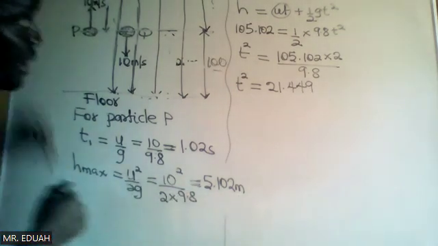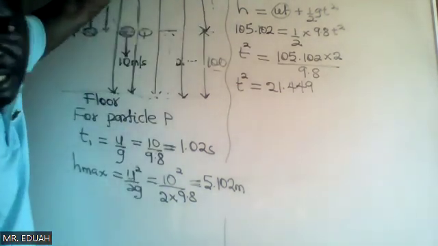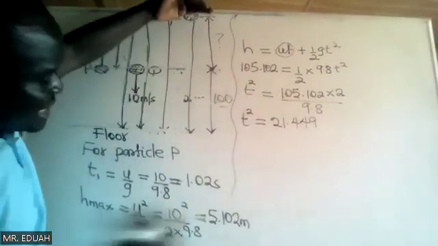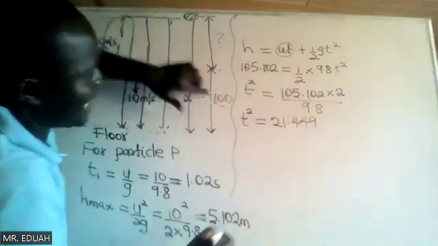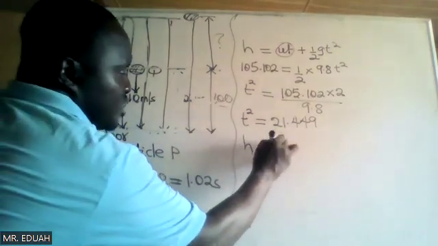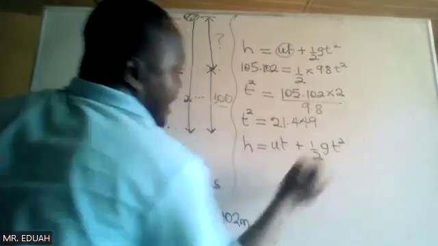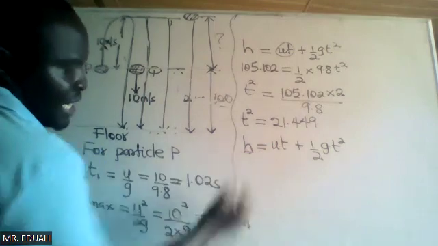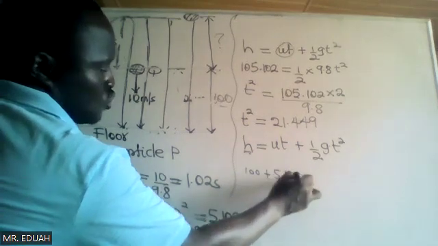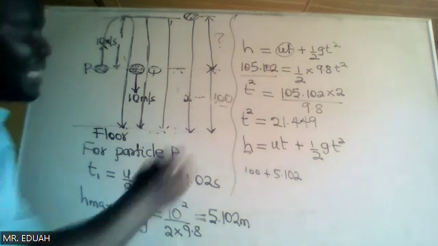Good. Knowing the maximum height, the total height from the maximum height to the ground is 5.102 plus 100. So using h equals ut plus half gt squared, I can find t because I know h. H is 100 plus 5.102, which is 105.102.